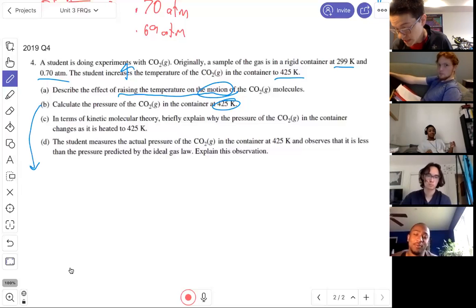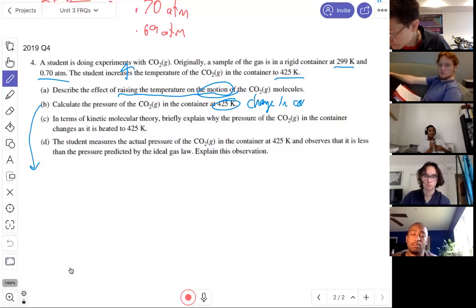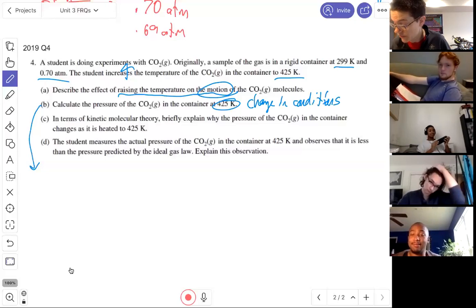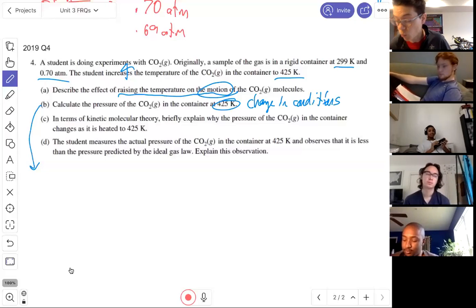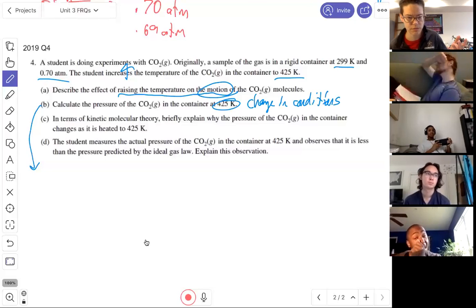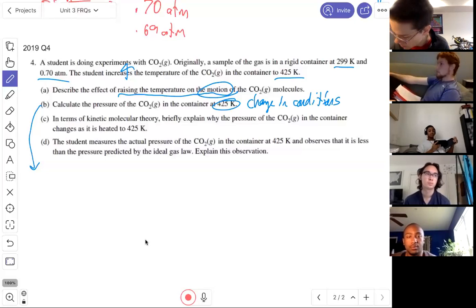So this is what we refer to as a change in conditions. We've changed the conditions. Got a little toasty. A little hot. So you should know that if I increase the temperature, what happens to my pressure? It increases as well. So if that also increases, then you know what your answer should be.